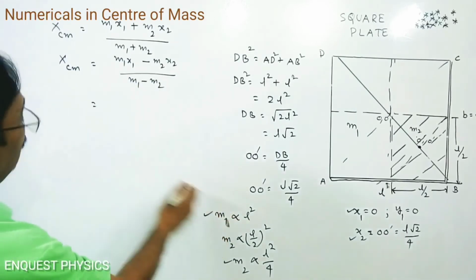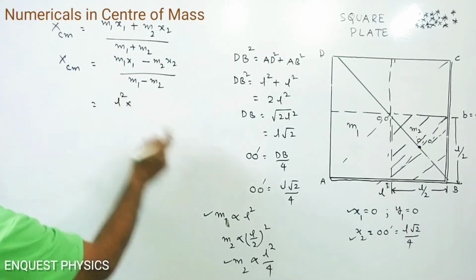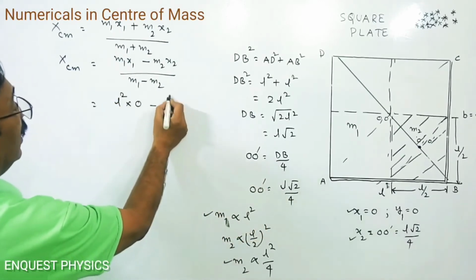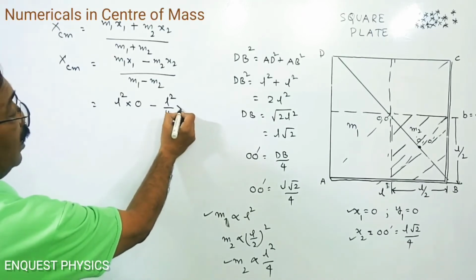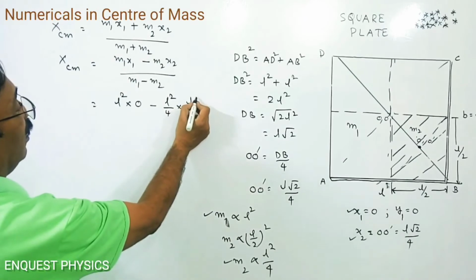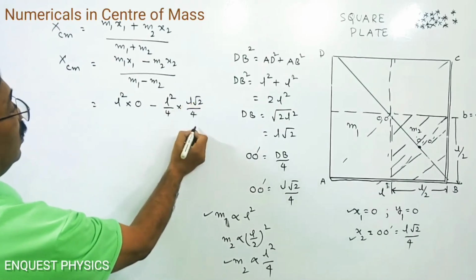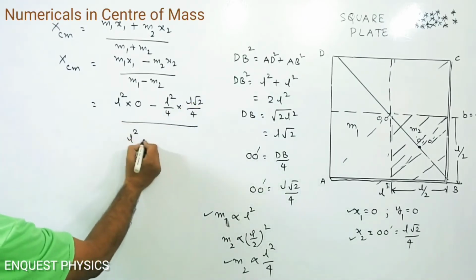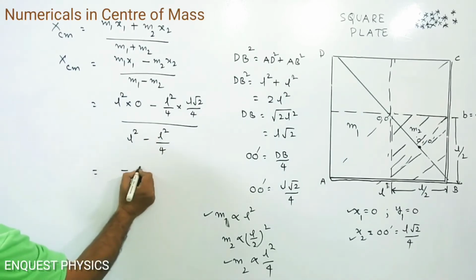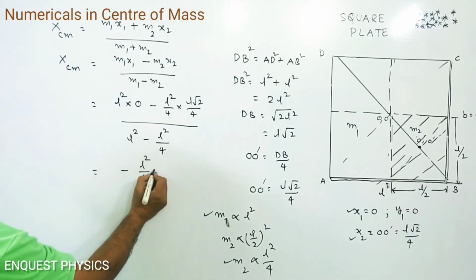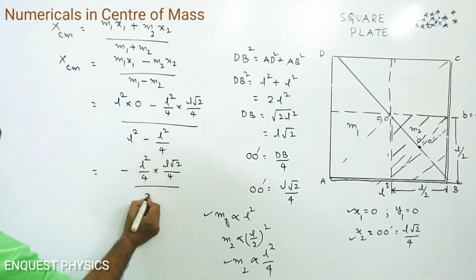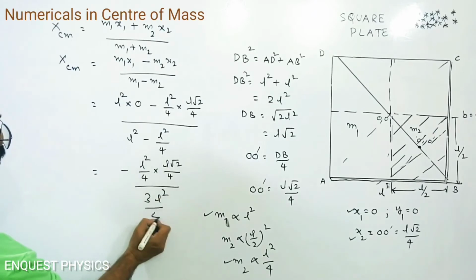That is m1 we had is L square, and x1 it is 0 minus m2 L square by 4 into x2, what we have, L root 2/4, by m1 L square minus L square by 4. It is minus L square by 4 into L root 2/4 by 3L squared by 4.